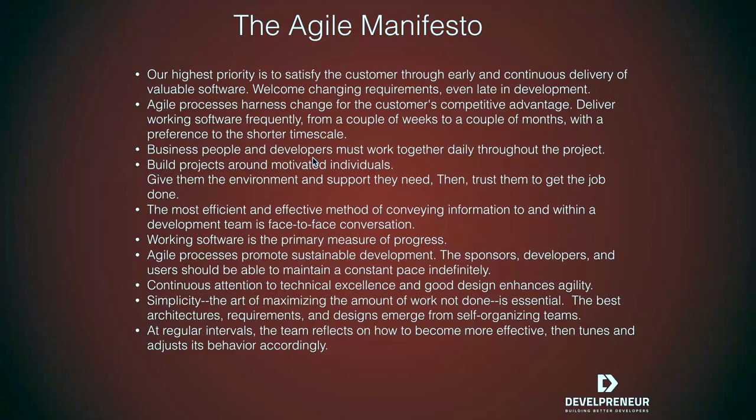There are concrete implementations of it, like Scrum and Kanban, that have gone from this and said, okay, this is a great idea. How do we actually make this work? How do we make this real? And that's what some of the different Agile approaches are. I'm not going to go into all of those because that's a discussion in itself. And as you can see, there's quite a bit of thought that's gone into the Agile Manifesto and what their focus is.